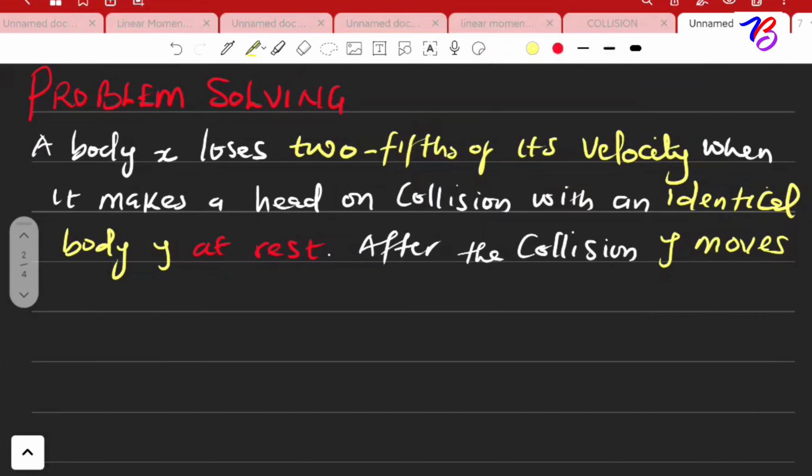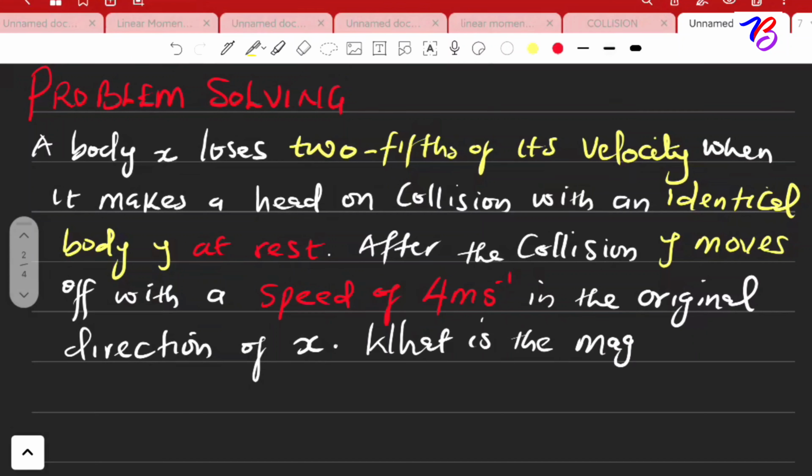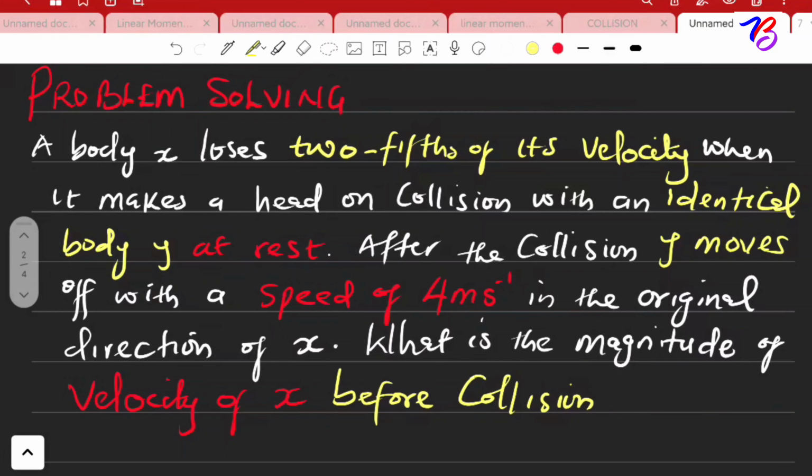After the collision, y moves off with a speed of 4 meters per second in the original direction of x. So the question is, what is the magnitude, the size of velocity of x before collision?